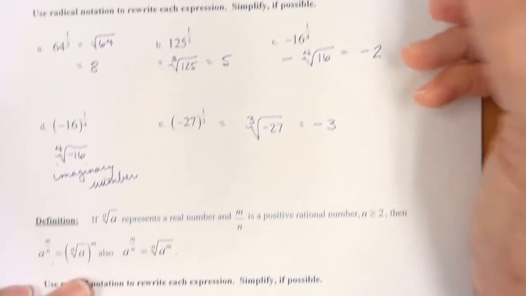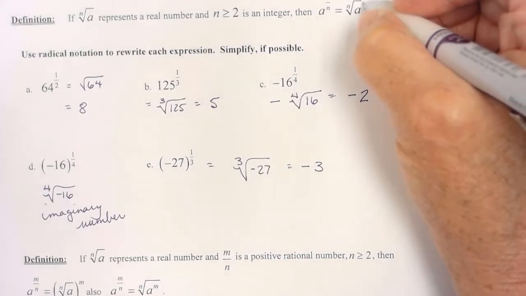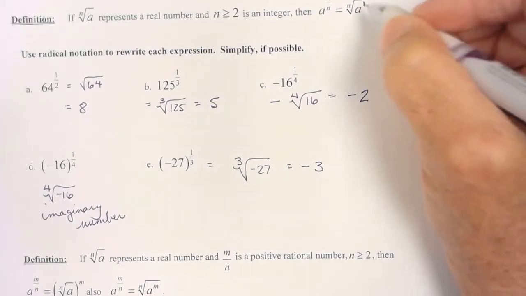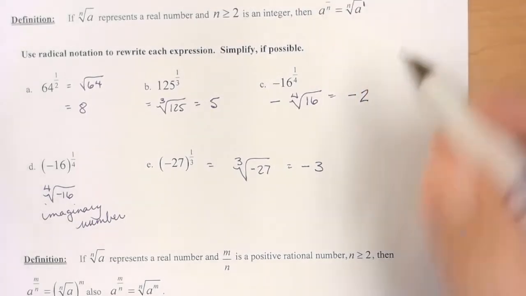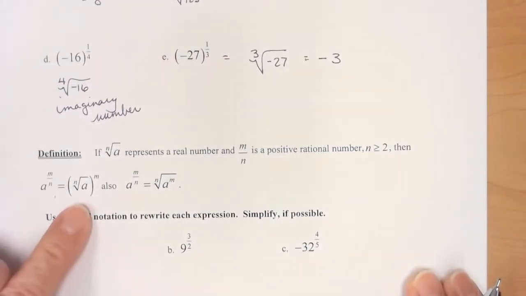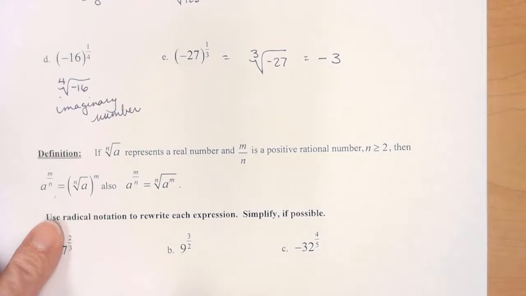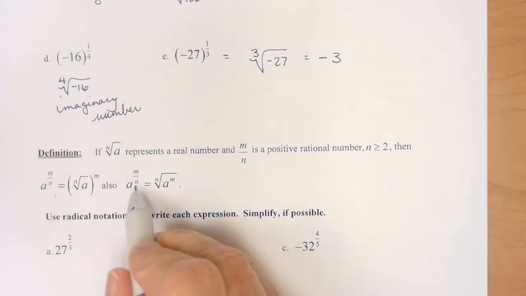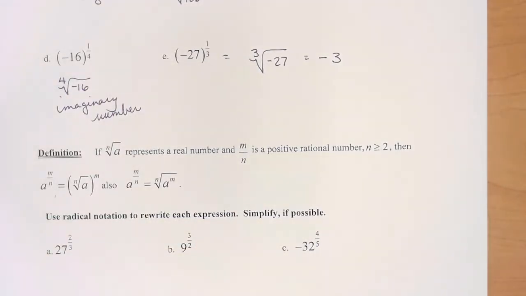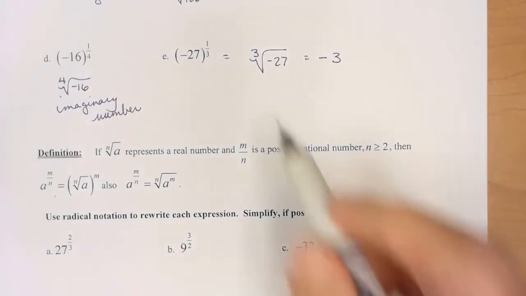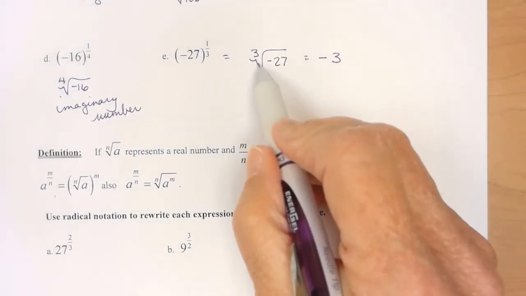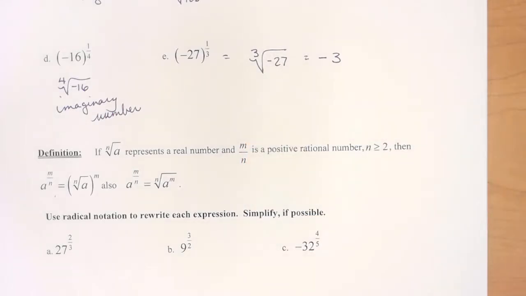So on this one up here, it's understood to be a 1. So technically this little definition I had up here is the same down here. If my m was 1, then that would be 1 over n. But whatever number is in the denominator is called the index. It goes in the little crook of the elbow of your radical.